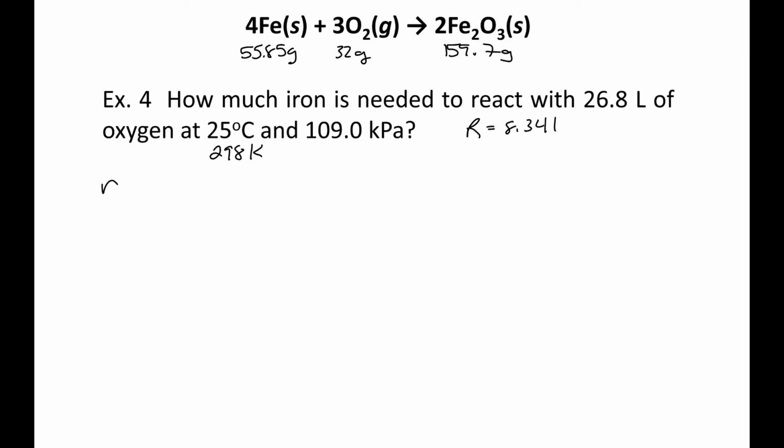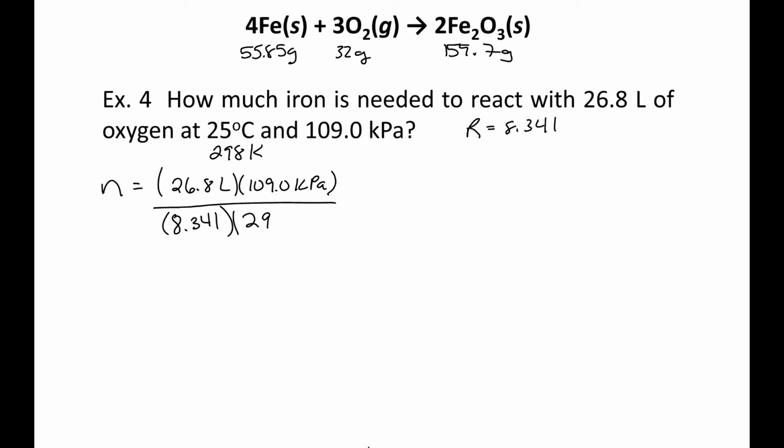Okay, so N equals, as I said, if you put your units in here, you'll be fine. 26.8 liters, 109.0 kPa, over 0.341 with no units, and then 298.